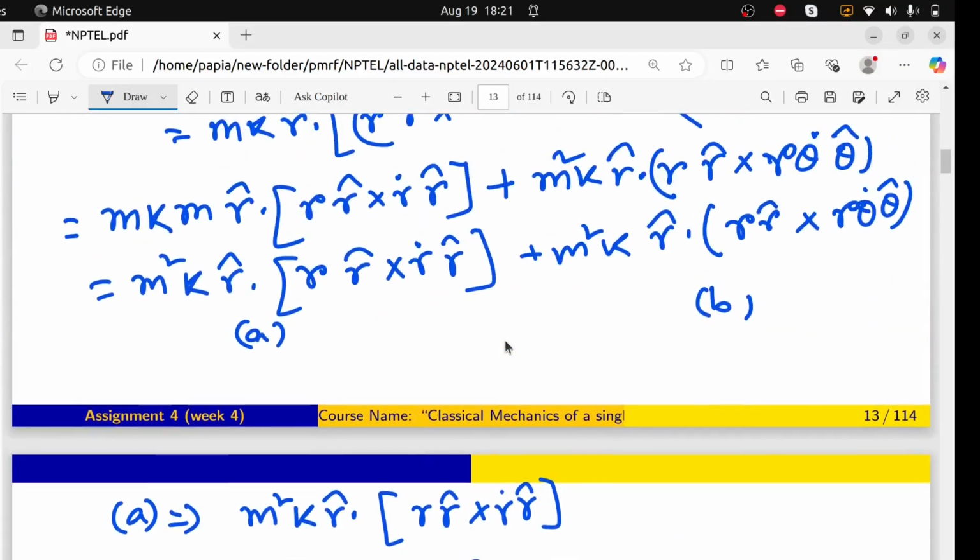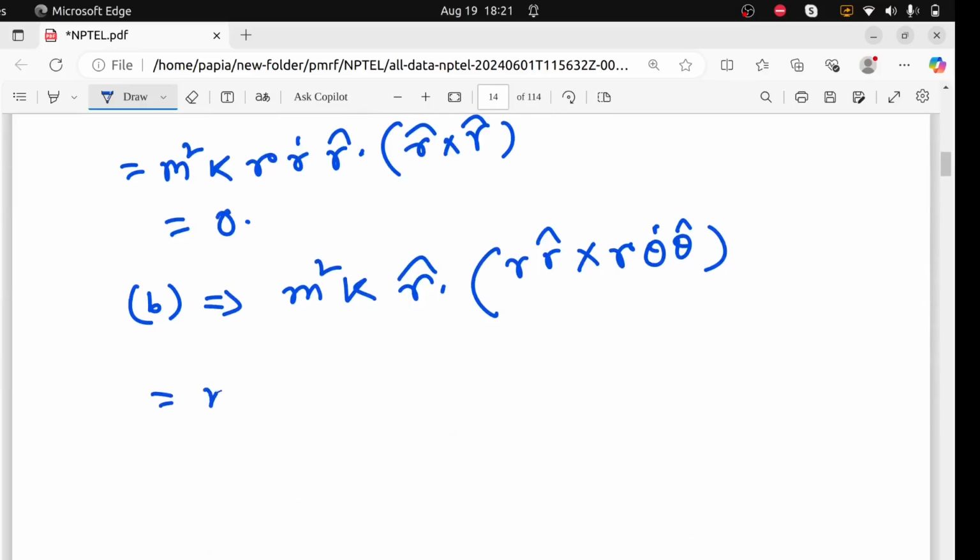Is it fine? Yes. So now you can see r square theta dot r cap cross theta cap.